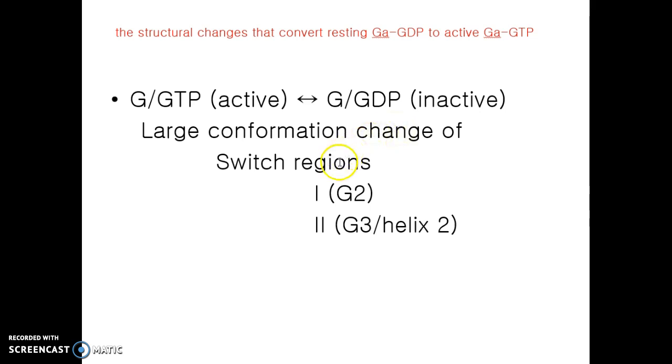They are called switch regions. They are found in loop G2, called switch 1, and the region comprising loop 3 and helix alpha 2, called switch 2.